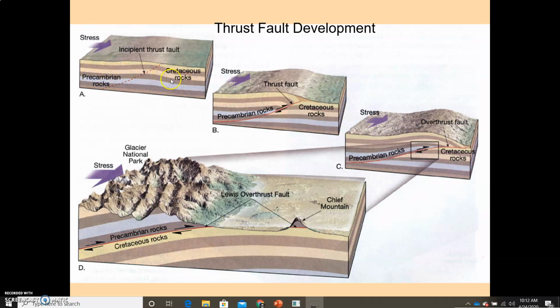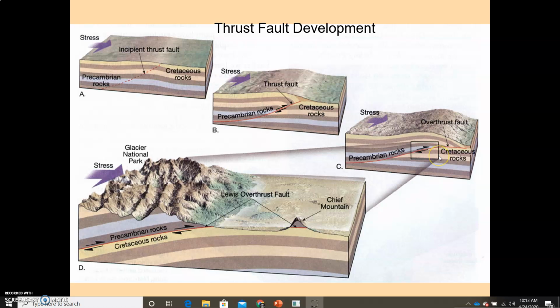The Precambrian is obviously a lot older than your Cretaceous rock. So typically in a thrust fault, your older rocks are thrust over your younger rocks. At B, here's stress, so the rocks are being squeezed and thrust over the Cretaceous rocks.